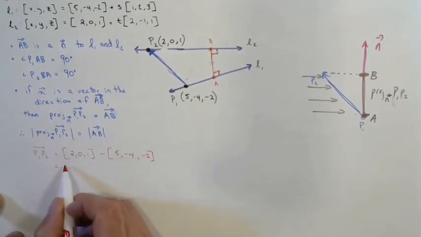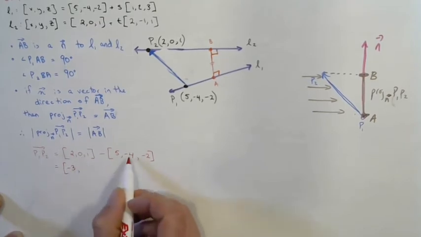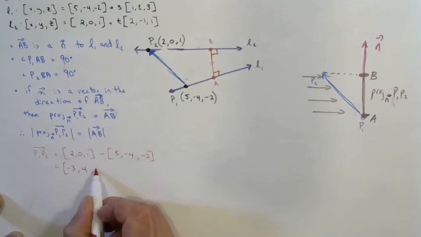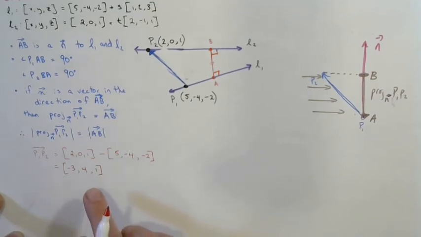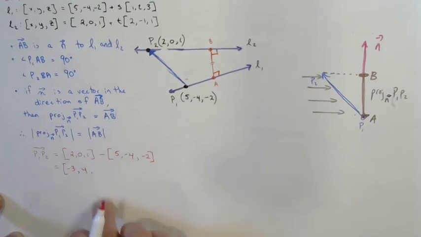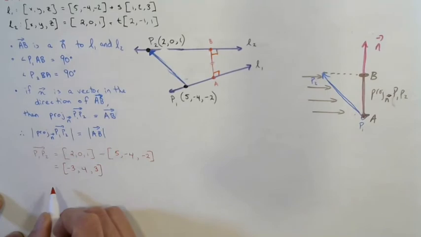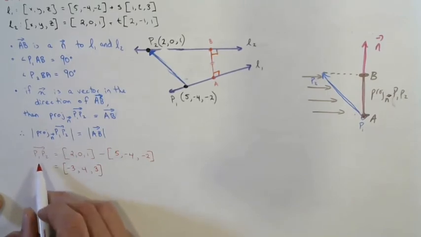And we get 2 take away 5 is -3, 0 take away -4 is +4, 1 take away -2 is... nope, it's +3, 1 plus 2. All right, so now this is our vector P1, P2.